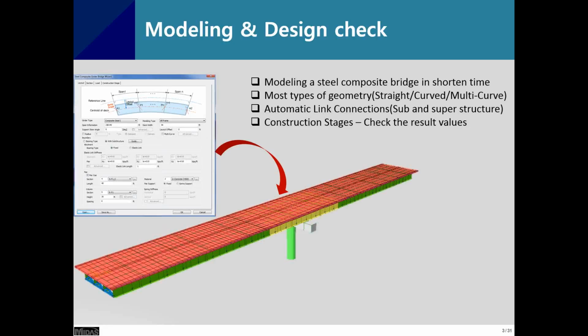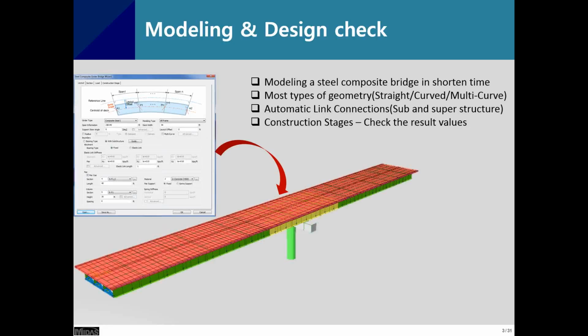And then construction stages. Construction stages are very important while you're doing the design check, because you need to know the composite actions before composite or after composite to consider the constructability. Those construction stages are also provided in the steel composite bridge widget.